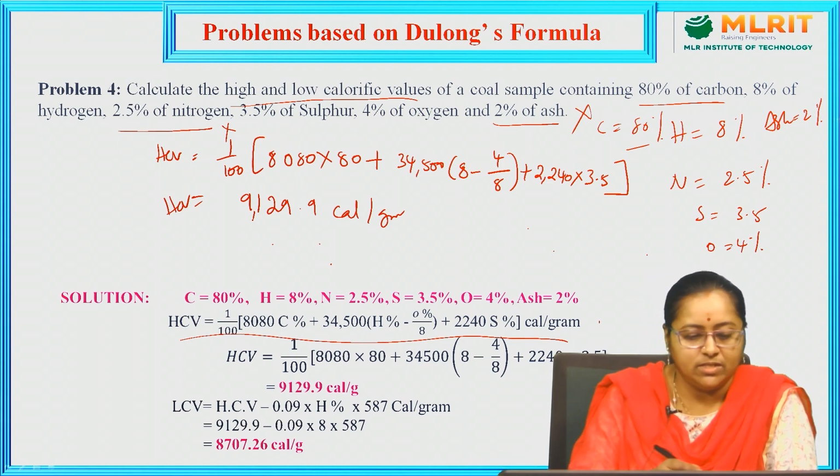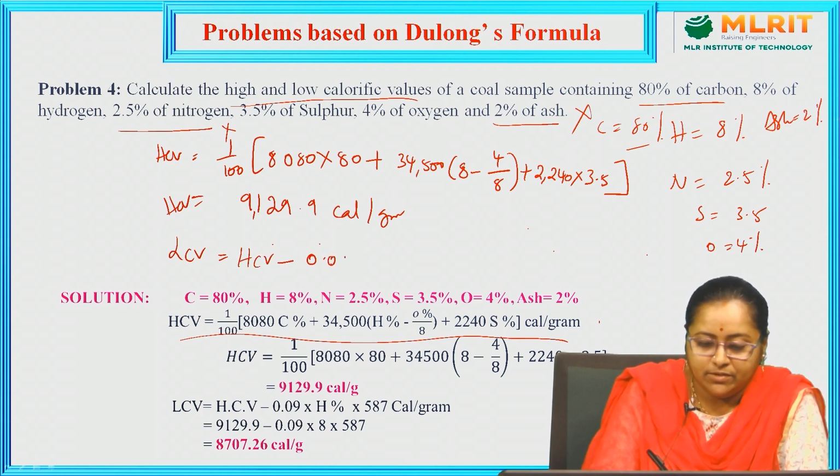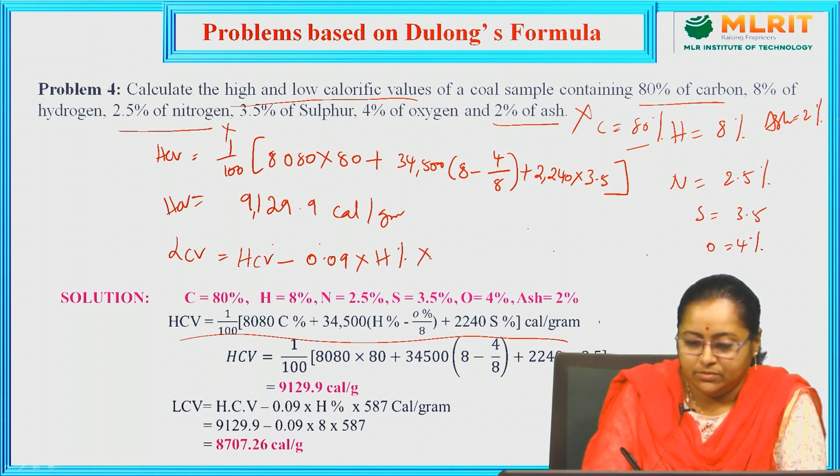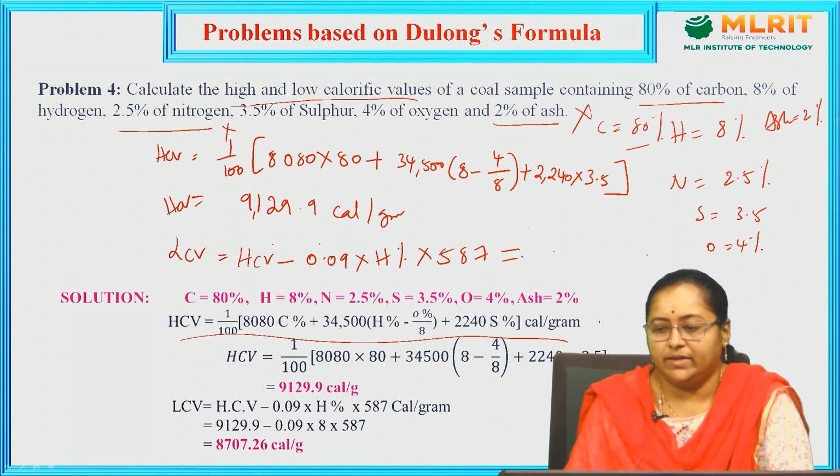Based on this, we are going to calculate LCV, which is equal to HCV minus 0.09 into percentage of H into 587. It is nothing but the latent heat of condensation.